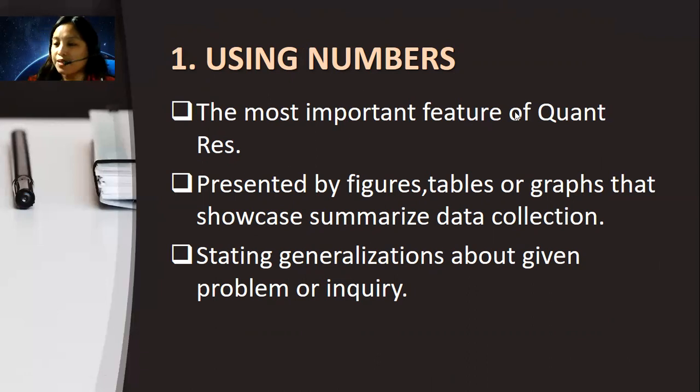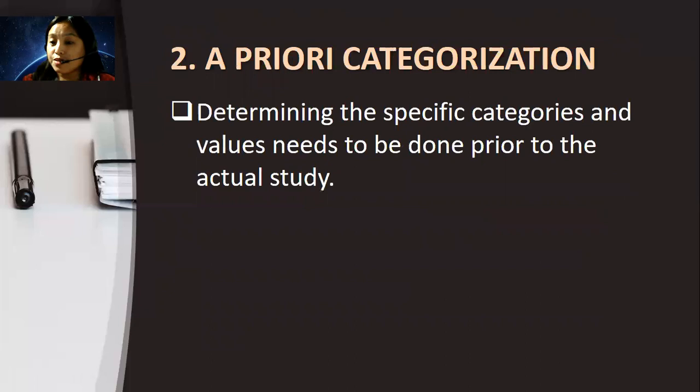You can find this in the survey types of quantitative research, the ones with graphs that put the numbers into words just to describe. Then number two, a priori categorization, that is determining the specific categories and values, needs to be done prior to the actual study.